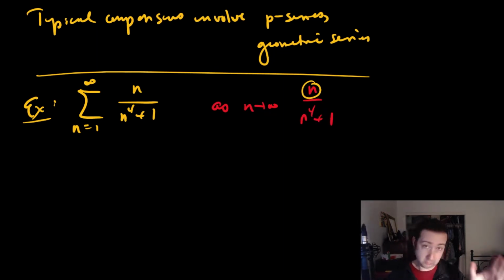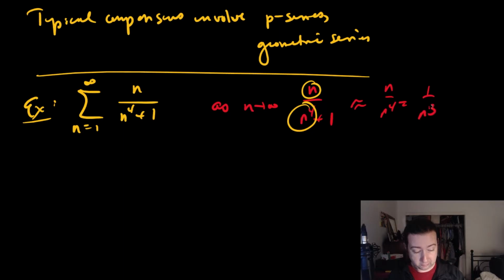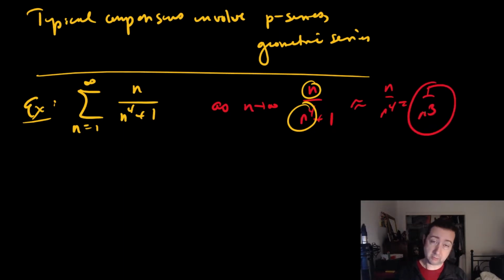So the n is the only term in the numerator that lives, and the dominant term in the denominator is n to the fourth. So in the limit, these start looking an awful lot like n over n to the fourth, which is 1 over n to the third. And things that look like 1 over n to the third converge, right? Because this is a p-series with p equals 3. And so convergent.